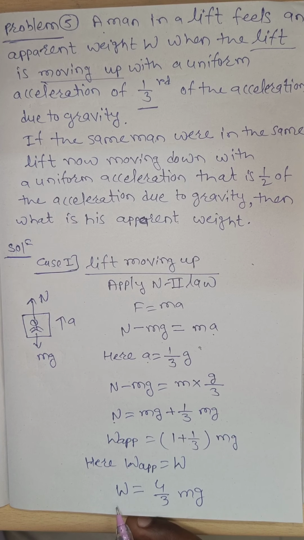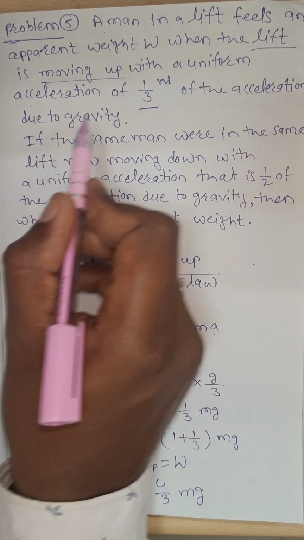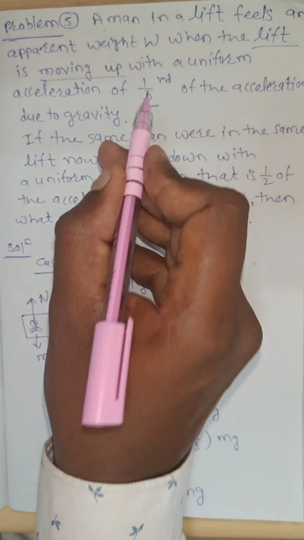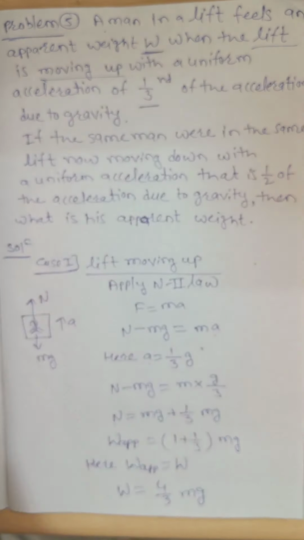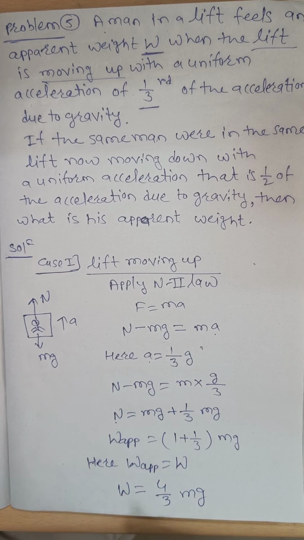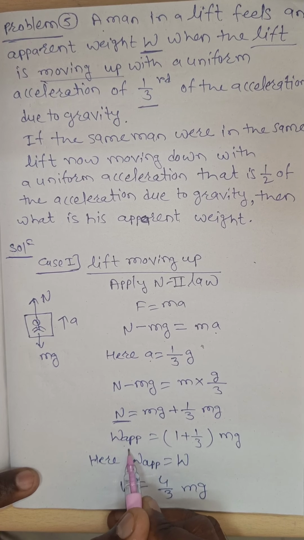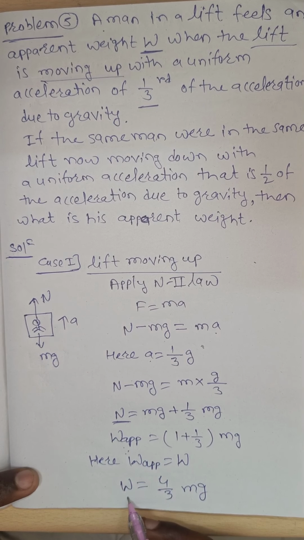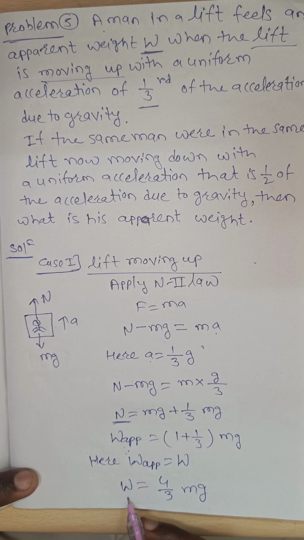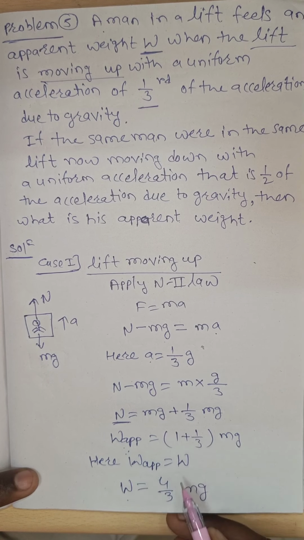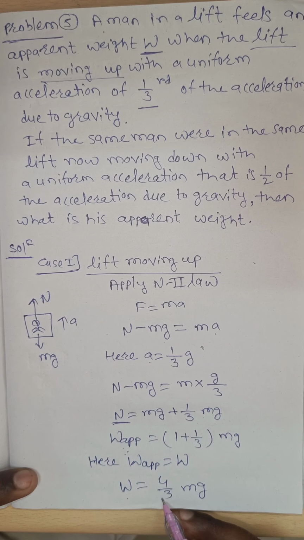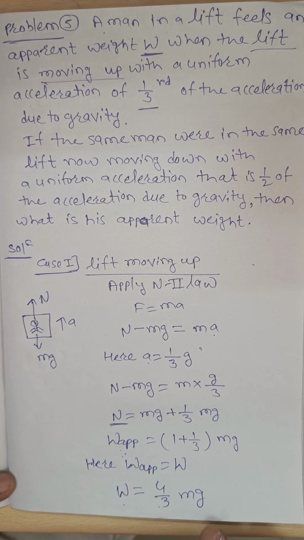Here we said that when the lift is moving in an upward direction, the apparent weight we have considered as W. This normal reaction is nothing but the apparent weight, therefore we consider it as W. Therefore W is equal to 1 plus 1/3, which is 4/3, and mg as it is.